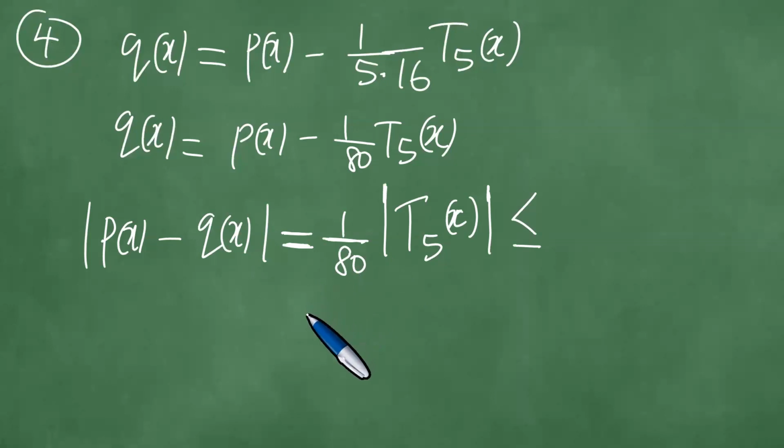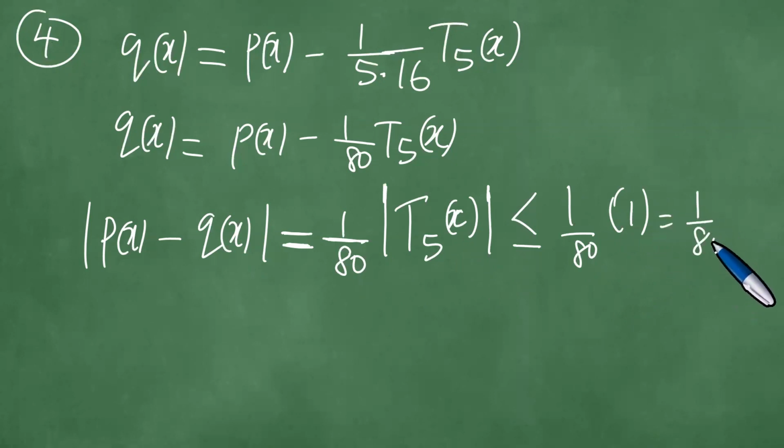So now you have this. We have seen that the maximum of the modulus of T5 is 1.